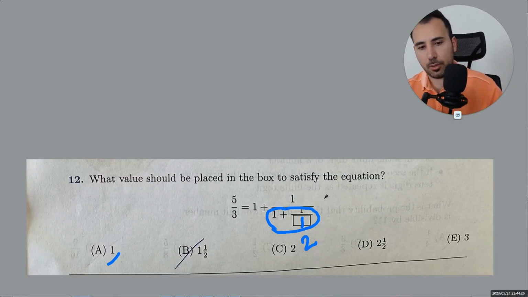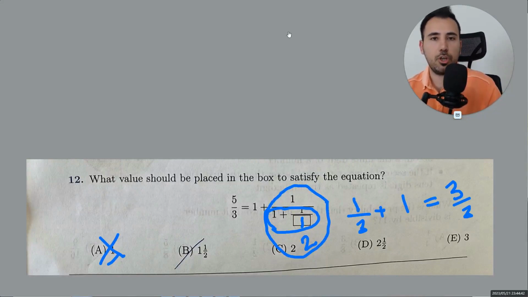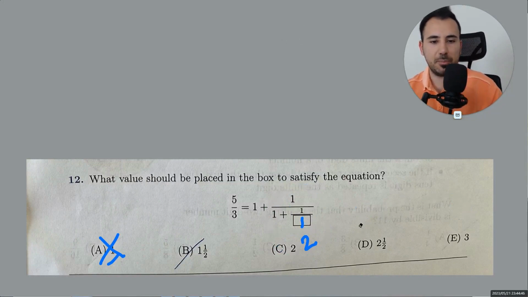Okay, all of this would be 1 over 2. 1 over 2 plus 1 will be 3 over 2. So, is that this one? No. So go like this and eliminate the options. It would be so much easier. That's what I would recommend.